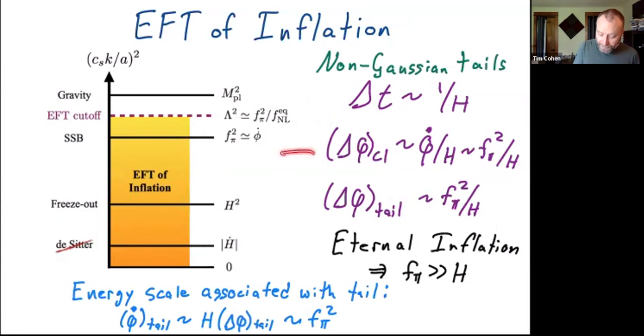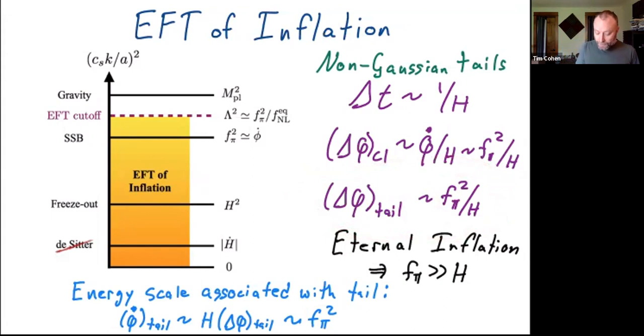So we still have the same classical evolution, okay? But what I'm going to argue for you in this talk is we can show that there is a new type of effect that comes from these non-Gaussian interactions, which is we can get a large fluctuation in the tail of the distribution, and it scales also like f pi squared over H. And now this is the new effect that I'm going to try to convince you we can compute reliably.